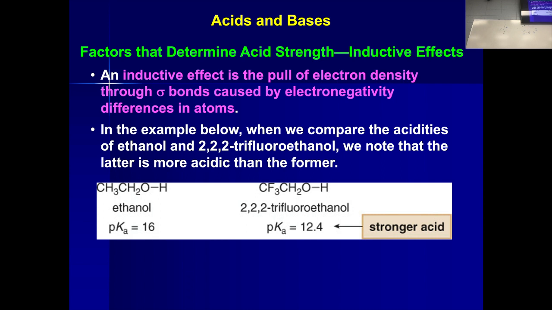And is that a good thing or a bad thing? It's a good thing. Opposite charges stabilize each other, right? So this anion is stabilized by this small amount of positive charge that's next to it. This one doesn't have that. This becomes a more stable A minus, if you will. This one becomes a less stable A minus, and that's why this is a stronger acid than this one. Okay, so that is the inductive effect.